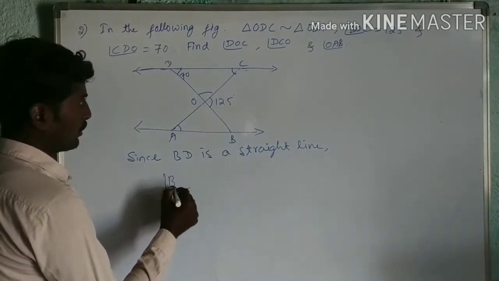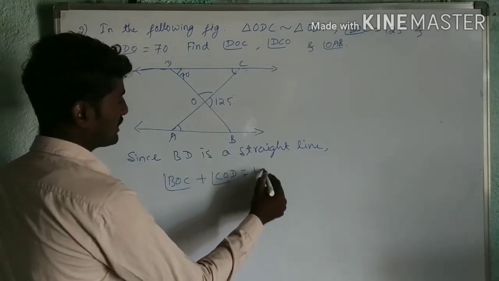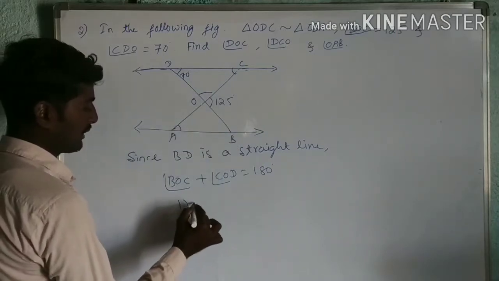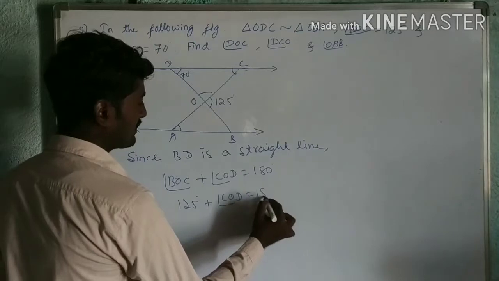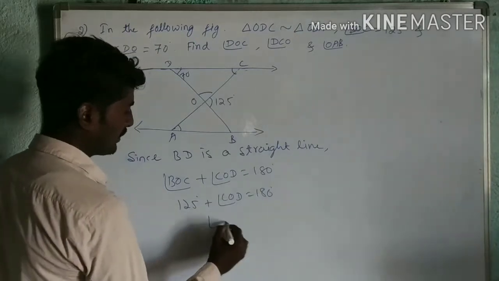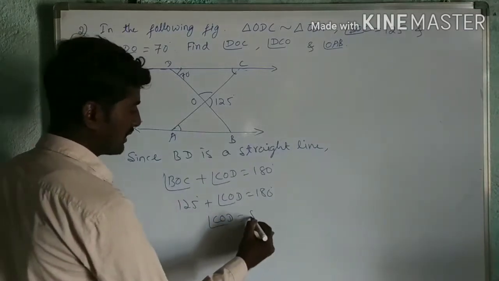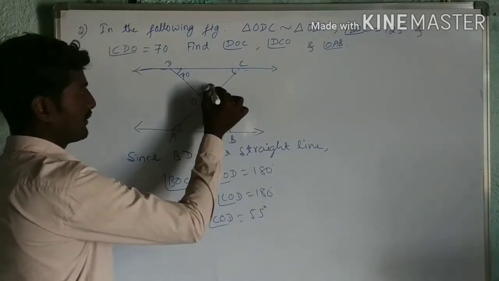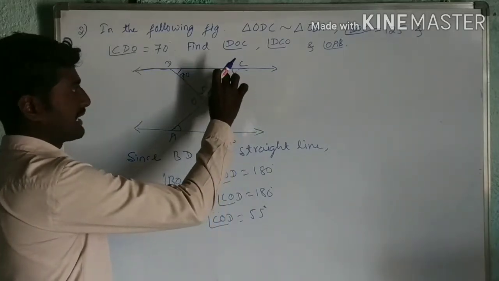Angle BOC plus angle COD is equal to what? 180 degrees. So 125 plus COD, which we have to find, is 180 degrees. Now angle COD is equal to 180 minus 125, that is 55 degrees. So this angle I got is 55 degrees.